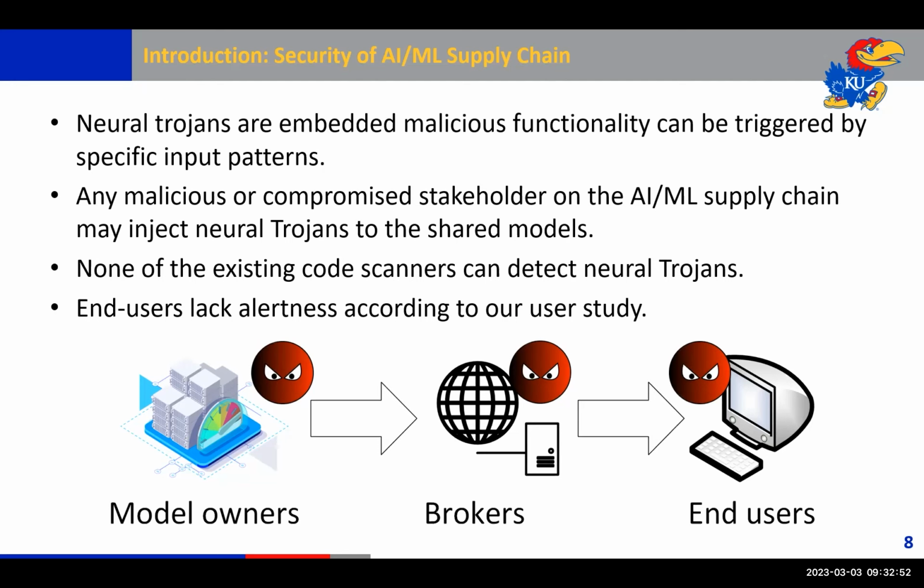When we look at the AI and machine learning model supply chain, any malicious or compromised stakeholder or man in the middle may inject a neural Trojan inside the model because they may have full control over the models. However, we cannot rely on the online model sharing platforms to reduce this risk, because we found that none of the existing code scanners can detect neural Trojans, because they are functional.